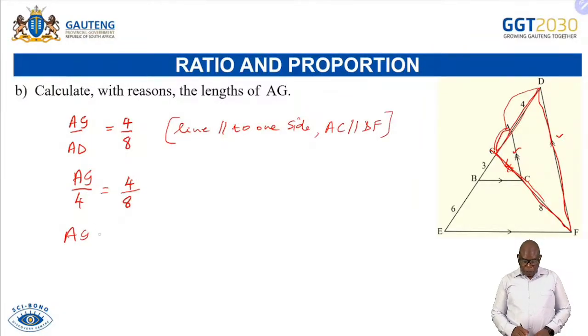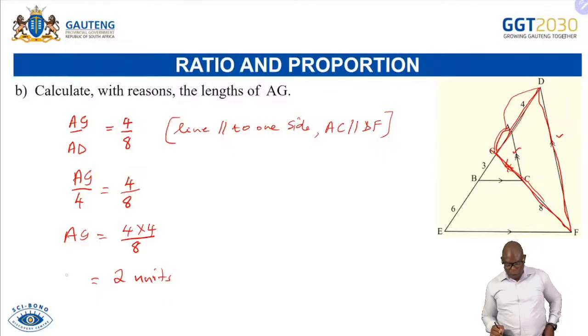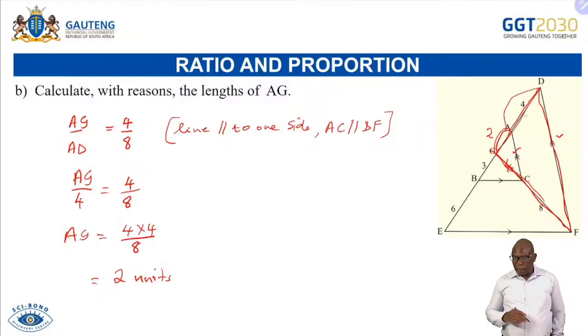Right. So AG will be 4 times 4 when I cross multiply, divided by 8. And then 16 divided by 8 is 2 units. So I know that this is 2 units, and the triangle that I've used is triangle GDF.